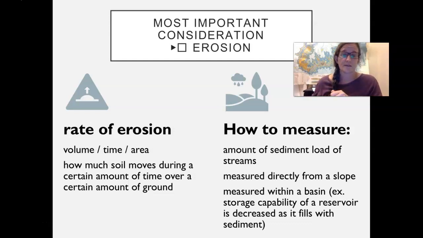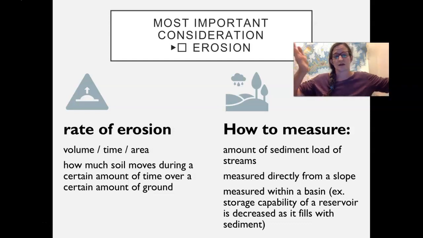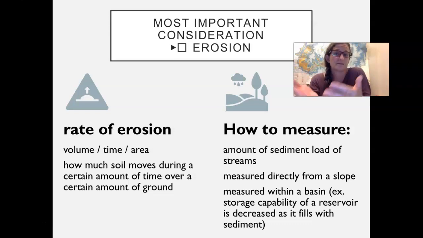You can look at the amount of sediment load that's in a stream. A watershed is going to have erosion and transportation of sediments, and that feeds down to a stream. You can measure the sediment in that stream and weigh it and see how much erodes from that watershed.